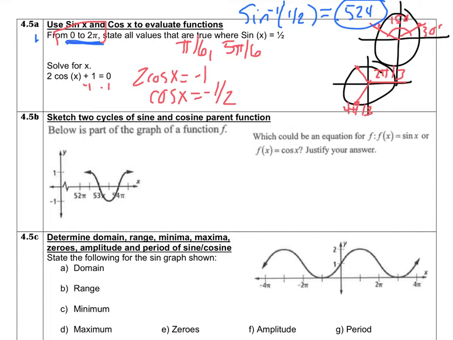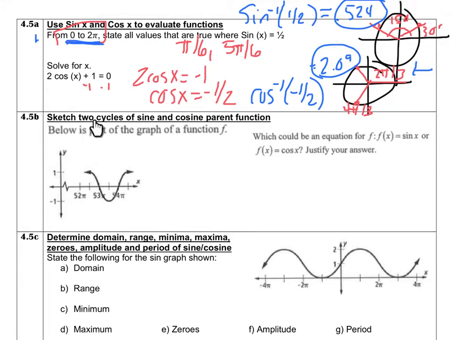Now in the calculator, do inverse cosine of negative 1/2. When you do that, the answer is 2.09, and that's equivalent to 2 pi divided by 3 if you were to put that in your calculator.